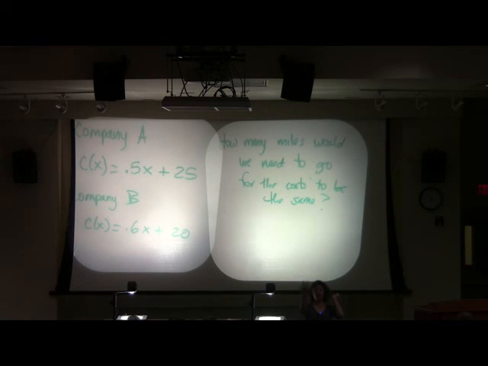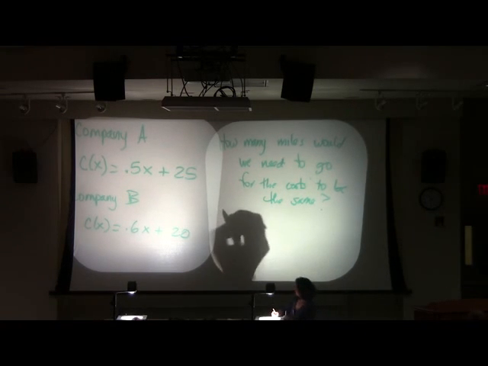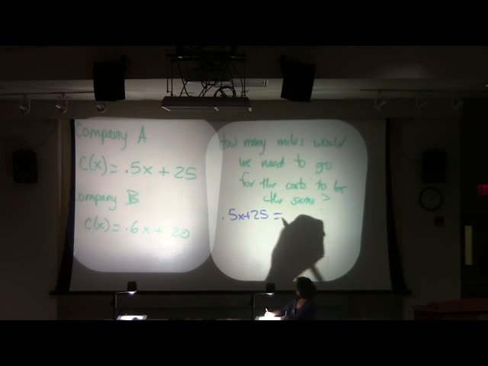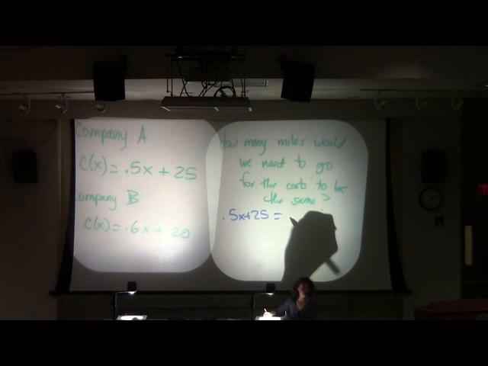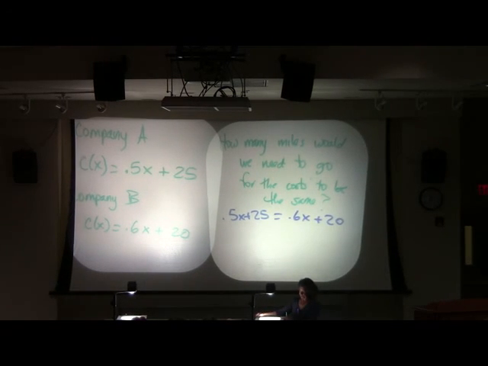Aren't we looking for the cost from company A to be equal to the cost from company B? You with me? So what is the cost from company A? Isn't that 0.5x plus 25? What's the cost from company B? 0.6x plus 20. Can we solve this? Totally. Move all your x's to one side.